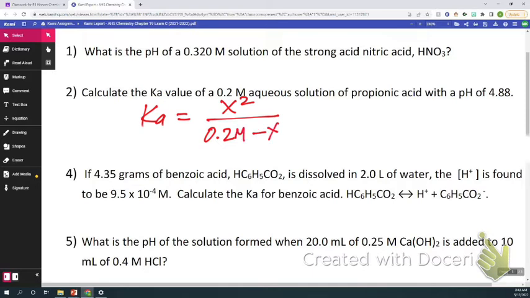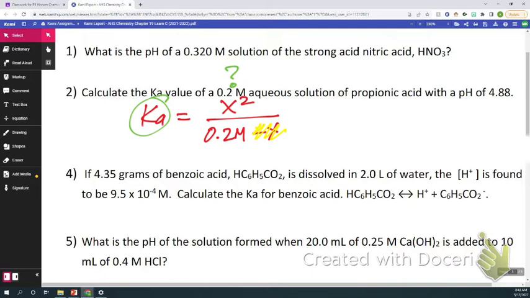And usually, most of the time, you can just get rid of this x, so that's nice, right? And then what you need to solve for Ka is the x. If you have the x here, you can solve for the Ka.